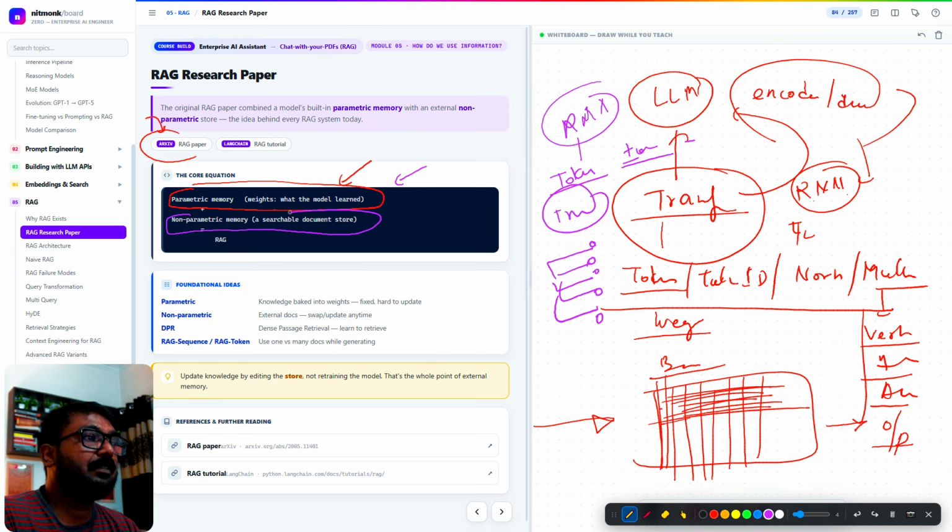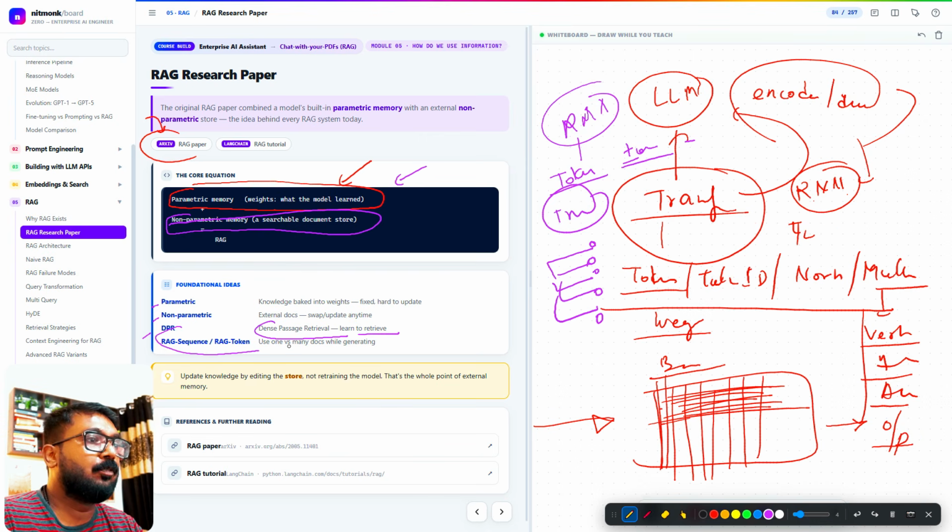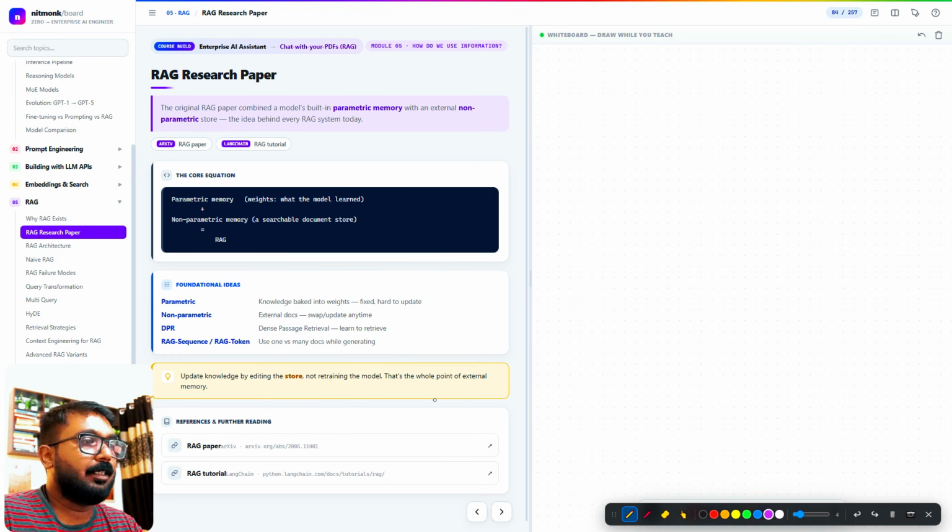Non-parametric memory is what we generate with external data sources that were not available, or should not be available, in LLM training, like company private data, or data produced after the LLM was already trained. There is also DPR, dense passage retrieval, which learns to retrieve; RAG-Sequence and RAG-Token use one versus many documents while generating. You can read all this in the research paper I have added, correct?